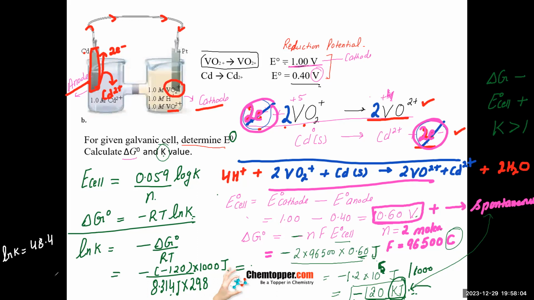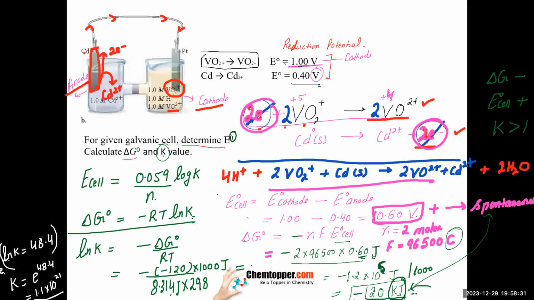Now you take the exponential of this. E raised to ln is 1. So K is e raised to power 48.4. The inverse function of ln is e. So Jyoti is giving us the value 1.1 times 10 raised to power 21.